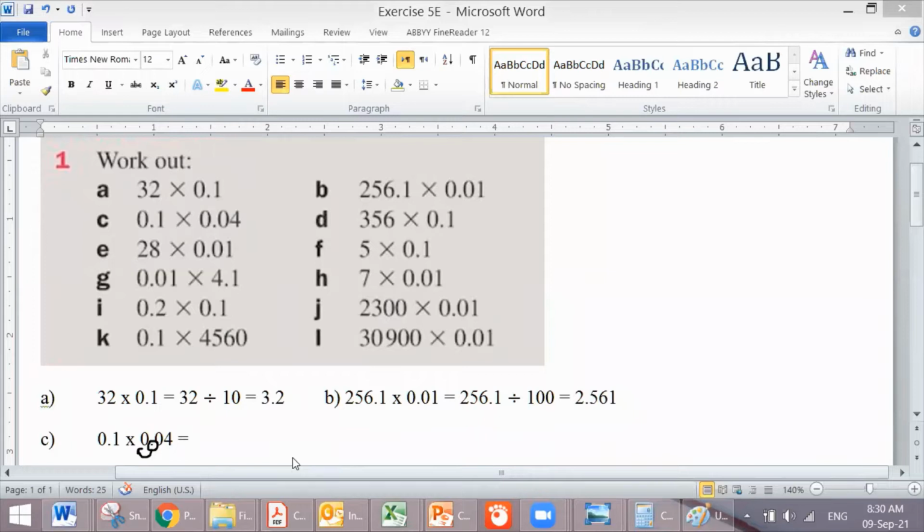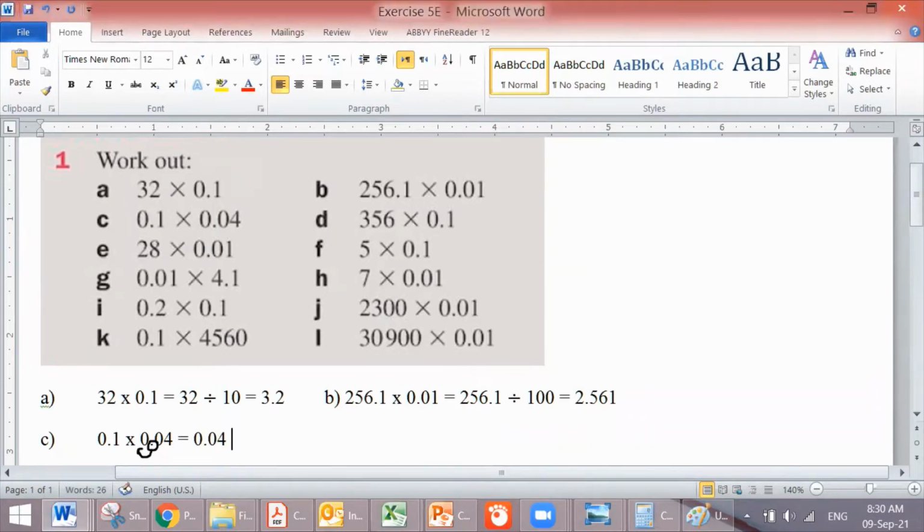Musab asks how it will be 0.1. You are multiplying 0.04 with 0.1. I can write this statement as 0.04 multiplied by 0.1. So now it will be 0.04 divided by 10. Sorry, here I have to write 10.